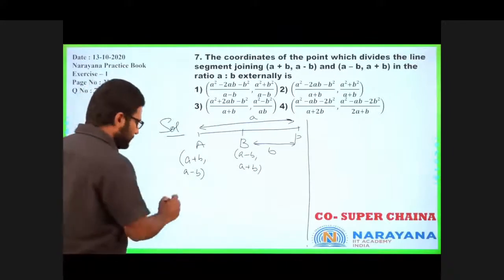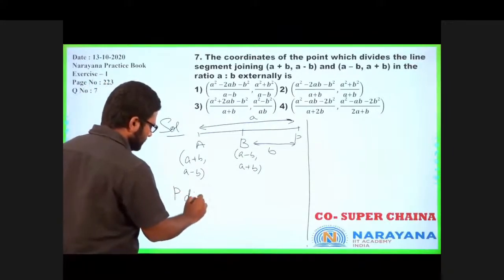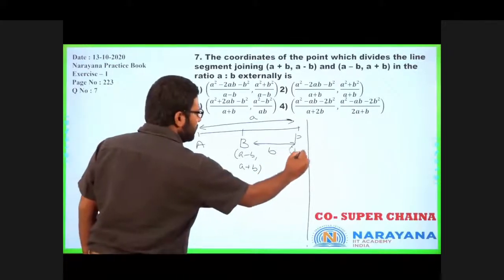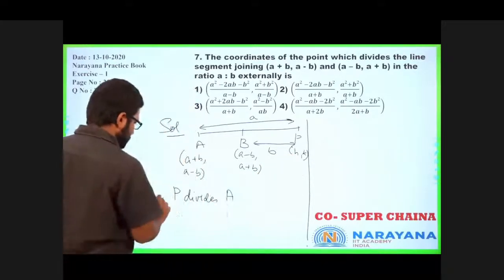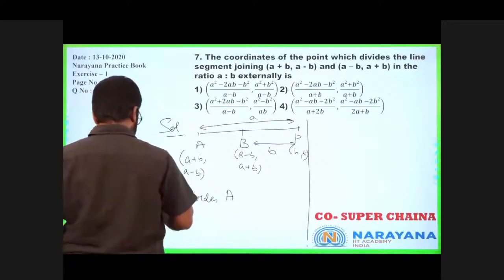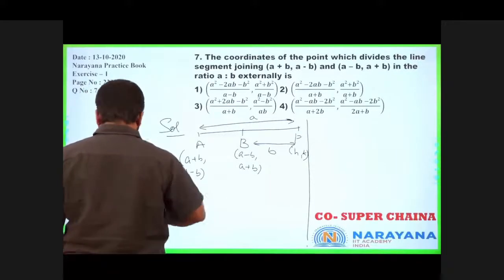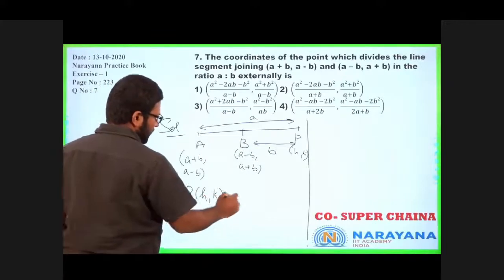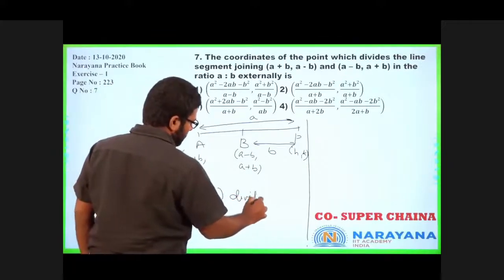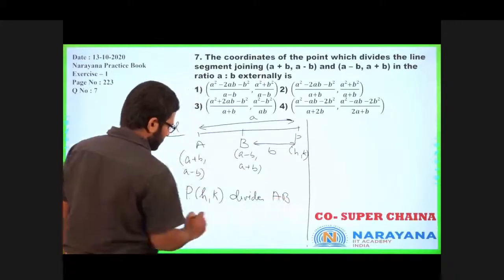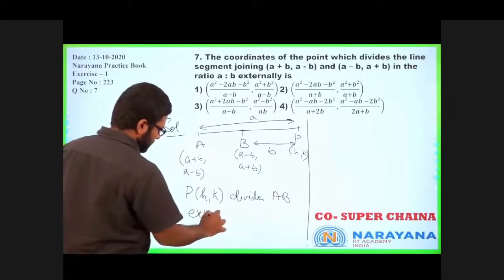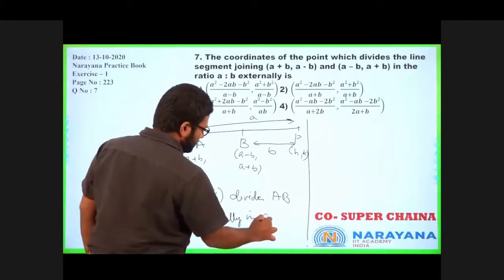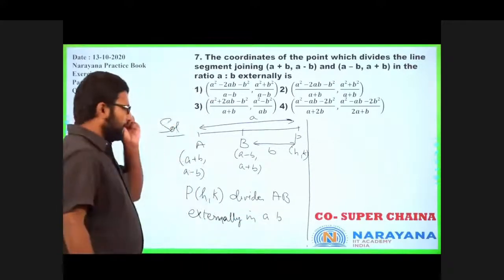Very straightforward, P divides externally, so call P as H, comma, K. So P (H, K) divides AB externally in a is to b, right?